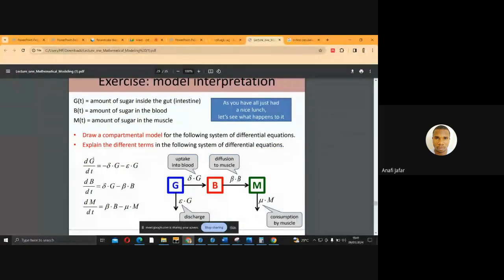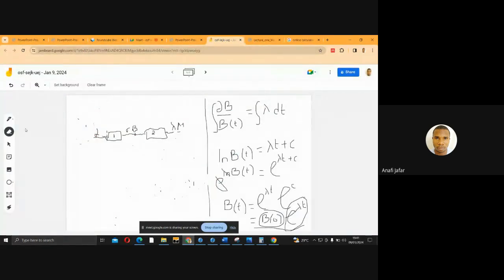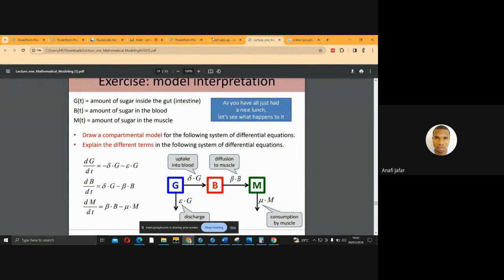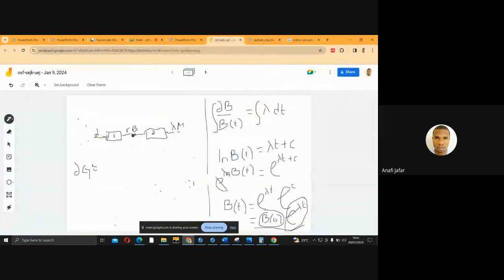They can ask you to find the value of this G. So what you do, you come back and say G is equal to minus delta, minus.